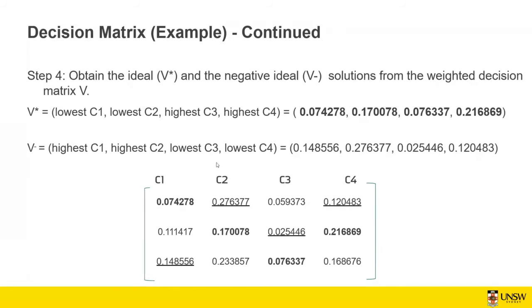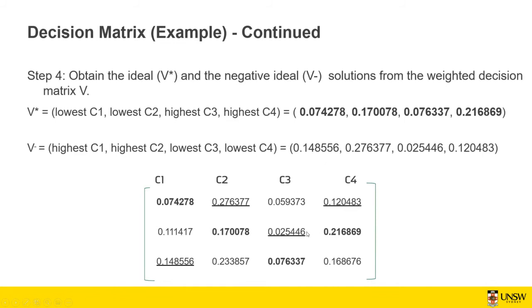Looking again at our matrix, the lowest C1 is 0.07. We put it here. This is our ideal for C1. For C2, the ideal, which is bold here, is 0.17. We put it here in our V star.